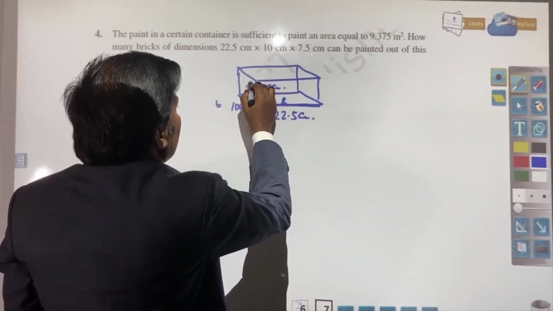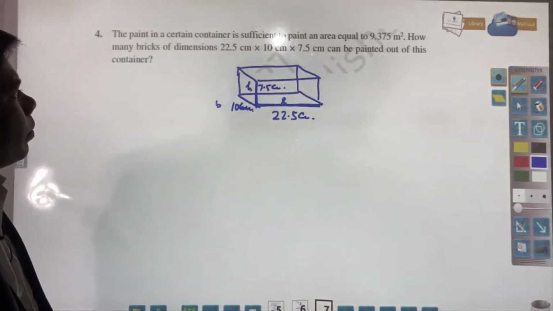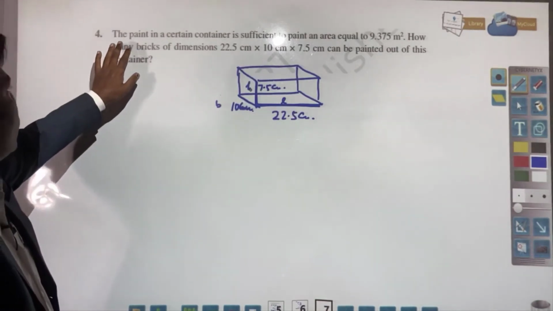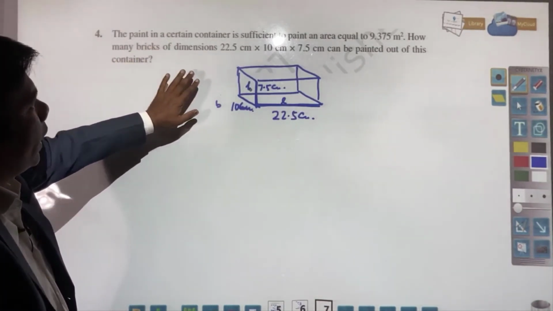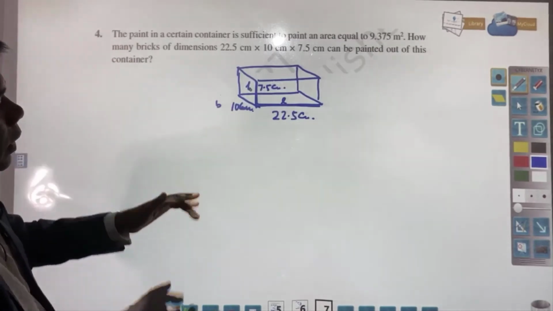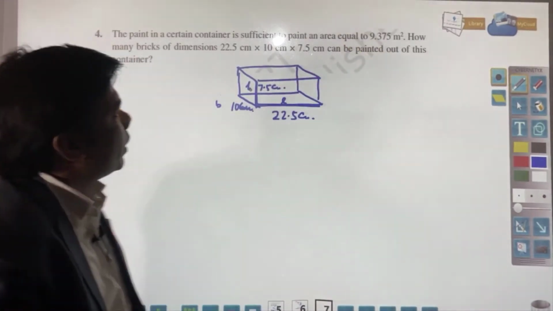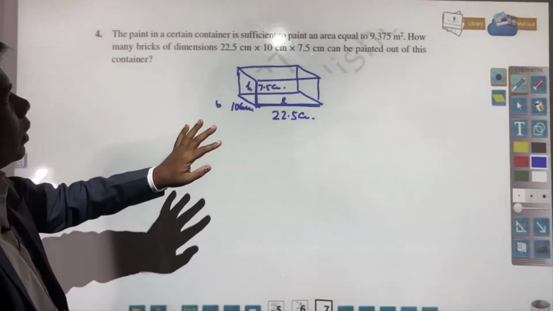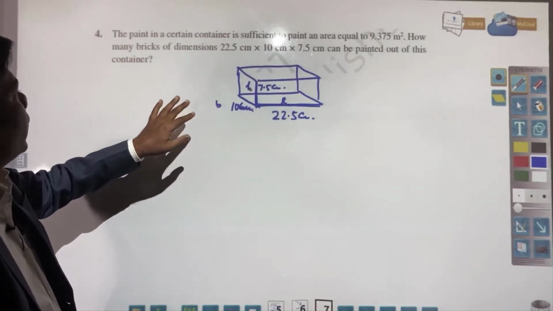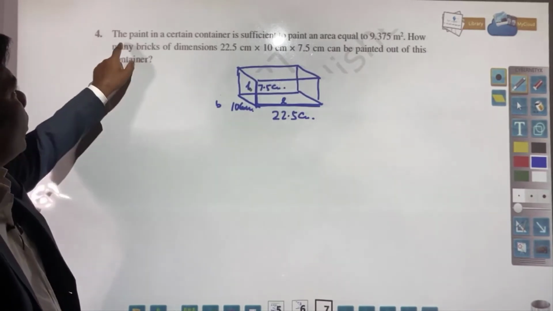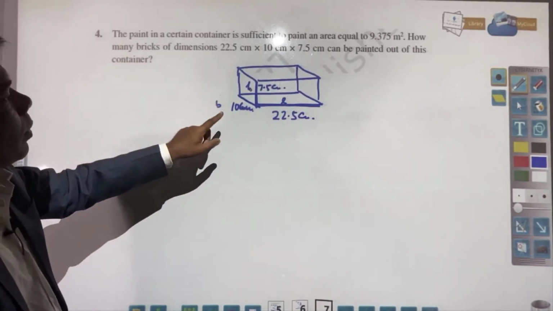This has been given. So the total area which is going to be painted, how much area? 9.375 meters square can be painted. So we need to find out how many bricks will be required.